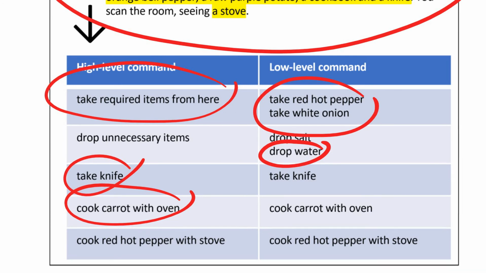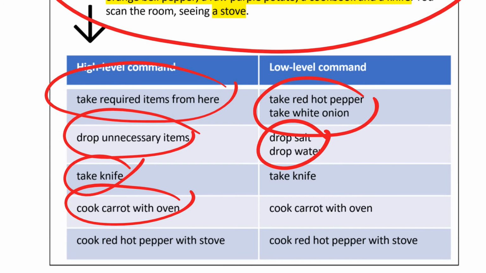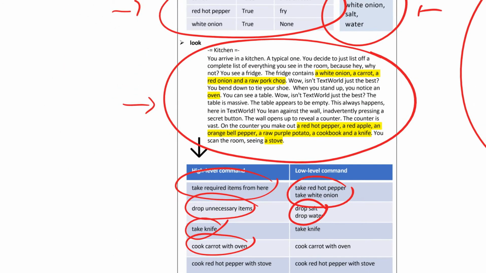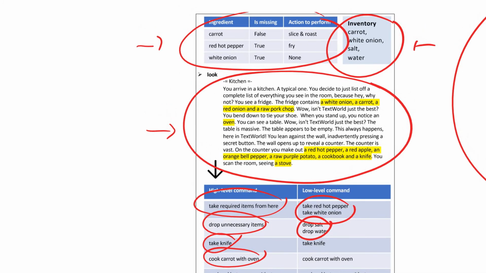If you have an inventory, drop all of these things. So that makes sense. That's a small optimization that apparently brought some gains. But the overarching message here is that once you have this information from the recipe model, you can then use it in many useful ways in order to make life for your RL agent easier.